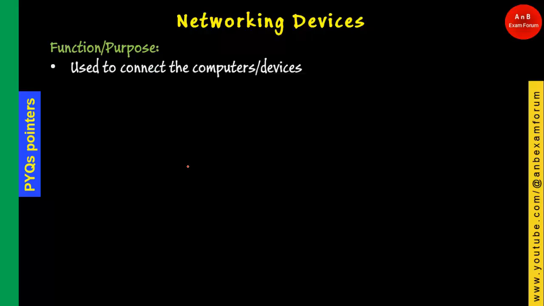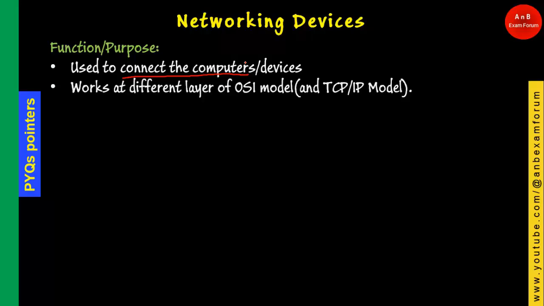So the main purpose of these networking devices is to connect the computers. Okay, and the next important pointer is that they work at different layers of the OSI or TCP/IP model. So there are two models in computer networks. You should know there is the 7-layer model, that is the OSI model, and the 5-layer model, the TCP/IP model.